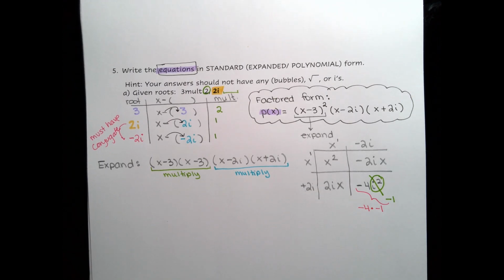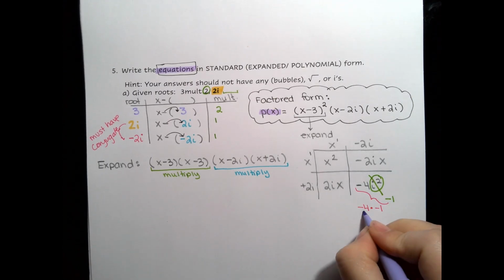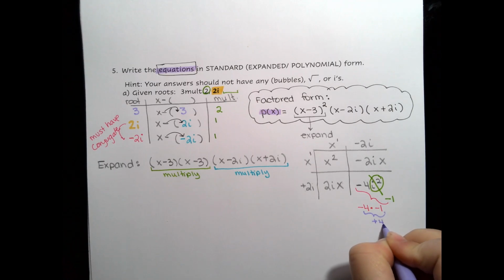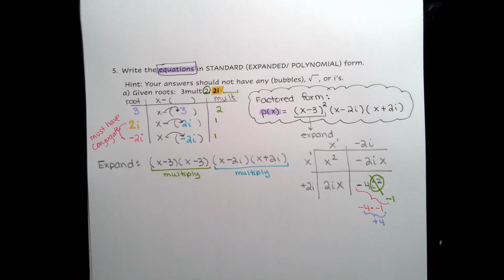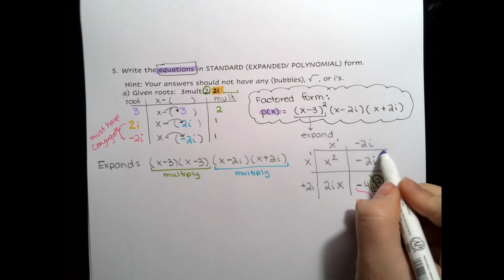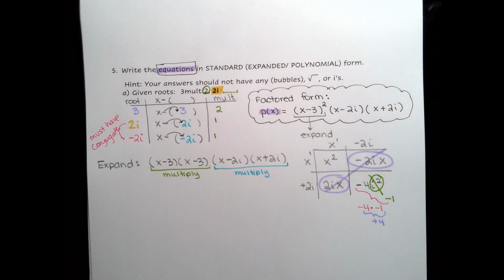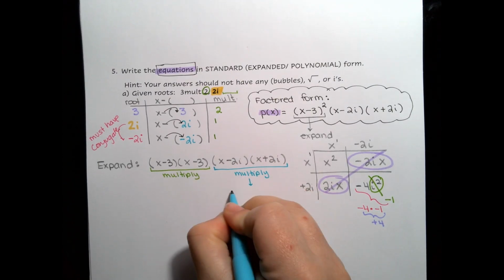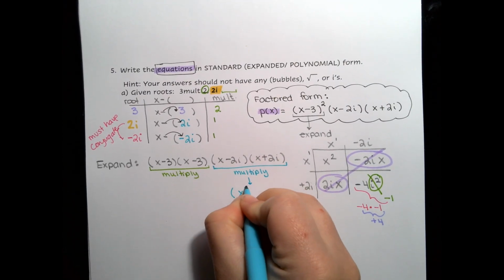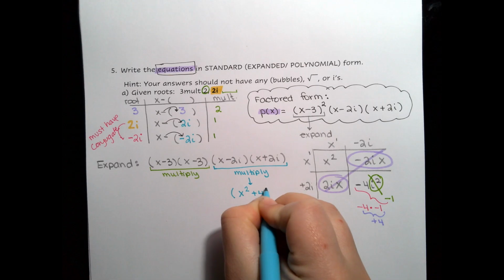So what we have is negative 4 times a negative 1, which gives me a positive 4. Notice that we will remove a positive 2ix and a negative 2ix. Those are gone. So after I multiplied my conjugates together, what I ended up having is x squared plus 4.